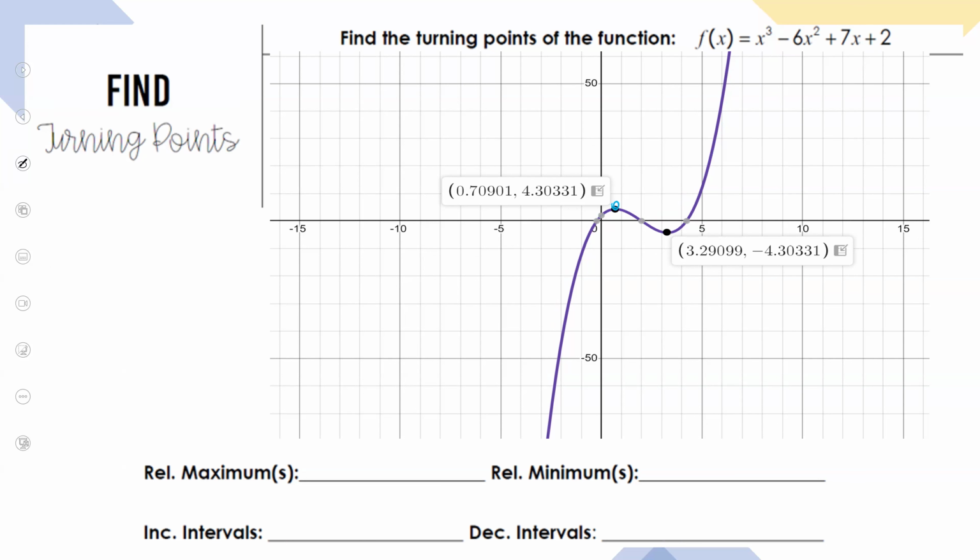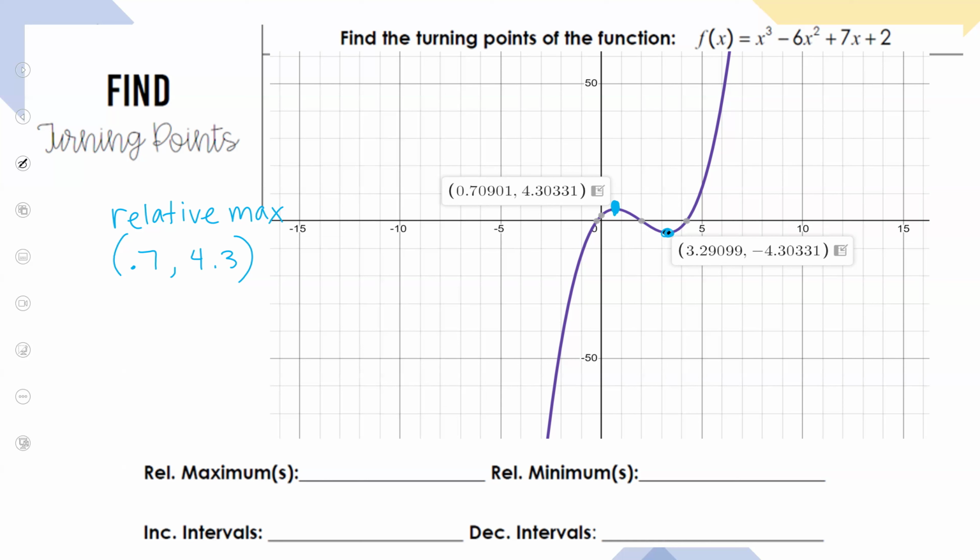Notice right here, what is this called? Yes, it's your turning point. It's your relative maximum. So guys, go ahead and write on your paper your relative max is, we can just round this number. It's 0.7 and 4.3. 0.7 comma 4.3. That is the point of your relative max.